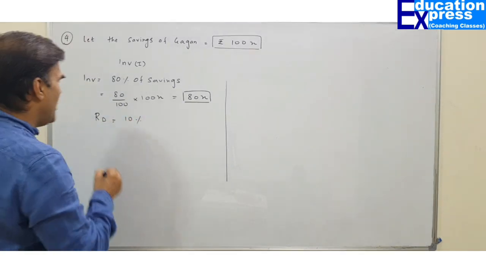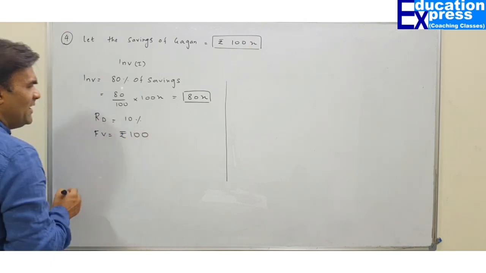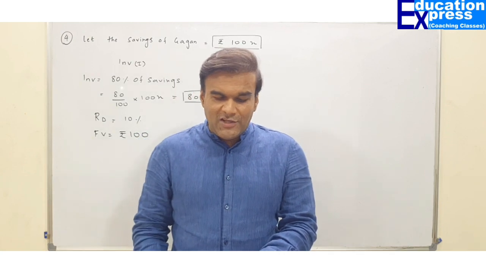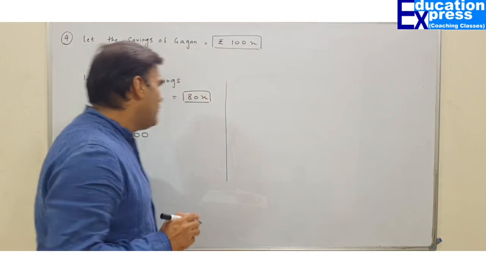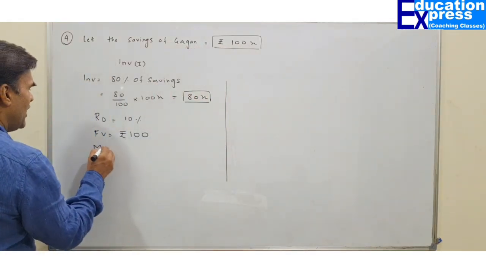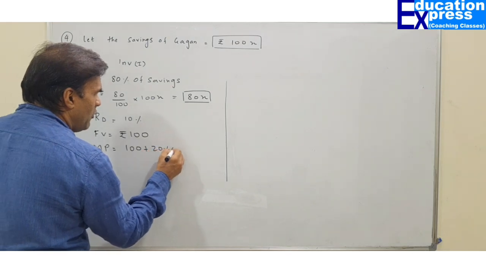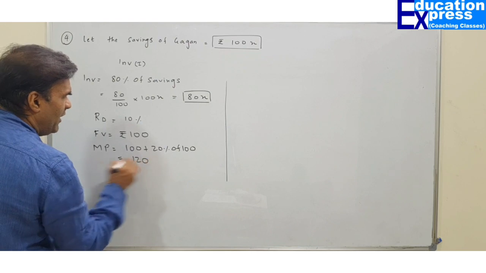Rupees 100 share, that means face value of the share is rupees 100. So Gagan invested 80% of his savings in 10% rupees 100 shares at 20% premium. So what is the market price of the share? Market price is 100 plus 20% of 100 because of 20% premium. That would be 120.